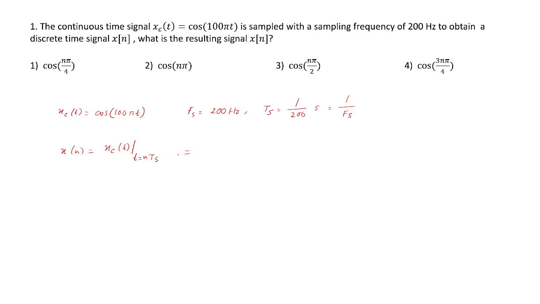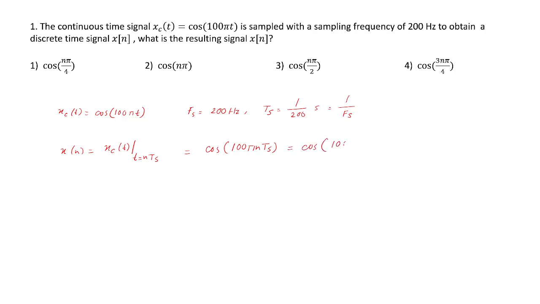Just replace t with nTs in the expression of xt and you will get the discrete time signal, which is cos 100 pi nTs. Let me put the value of Ts.